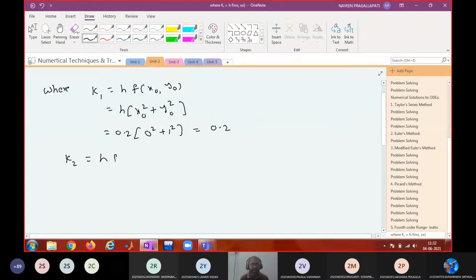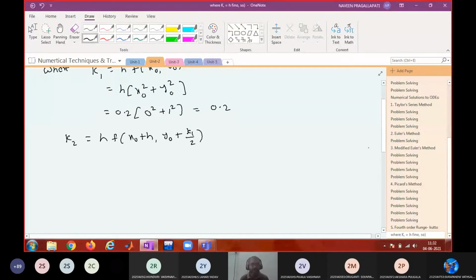What is K2? K2 is h into f of x naught plus h by 2, comma y naught plus k1 by 2. Here you do it carefully. So this is h, which is 0.2, into f of x naught plus h by 2, comma y naught plus k1 by 2, where k1 is 0.2.